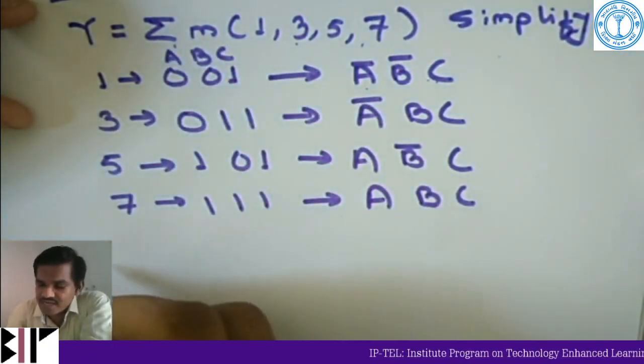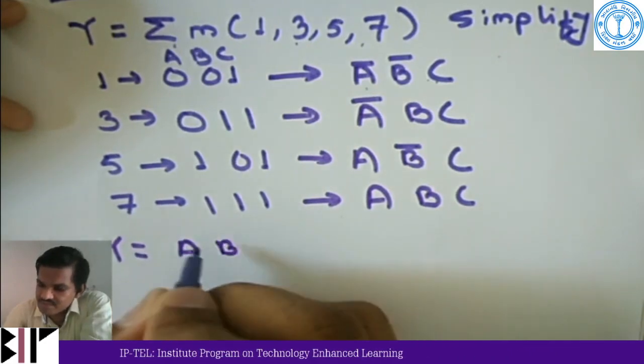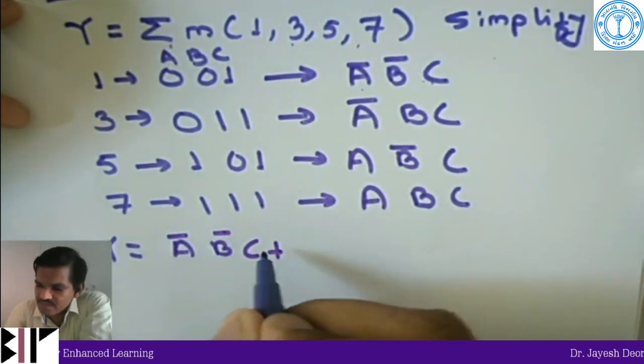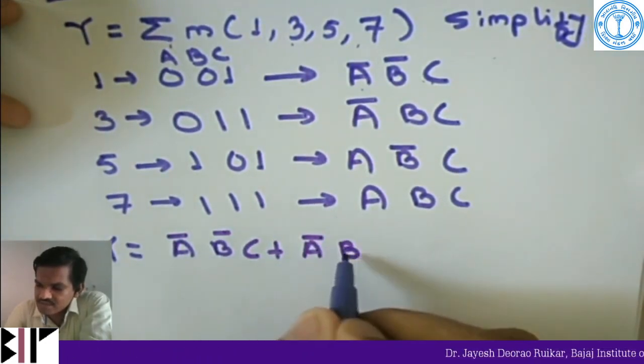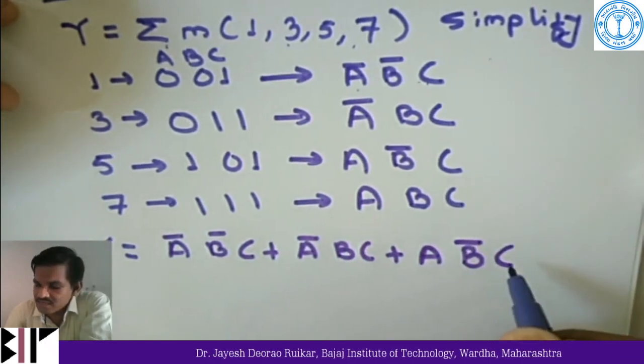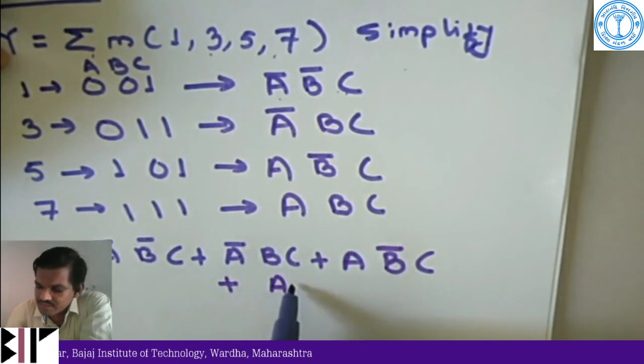So we will rewrite this Y as A bar B bar C plus A bar B C plus A B bar C plus the fourth term A B C.